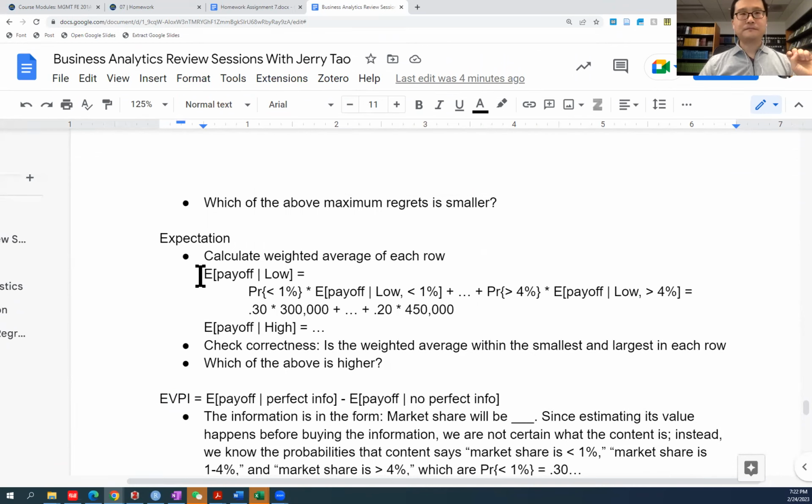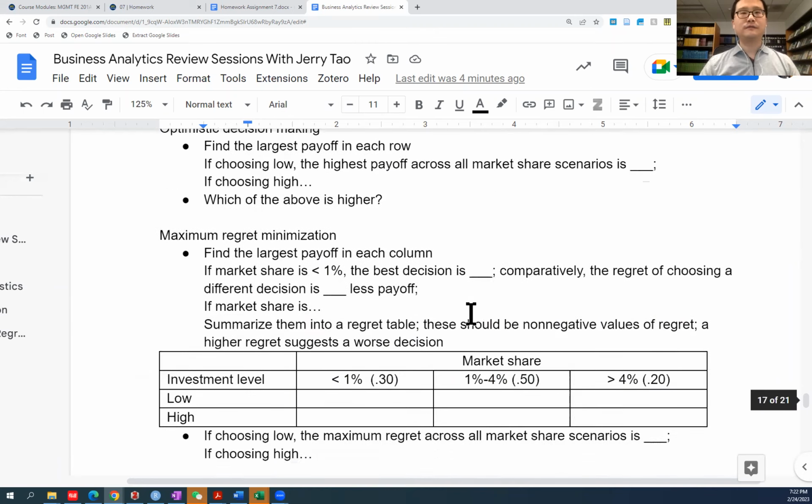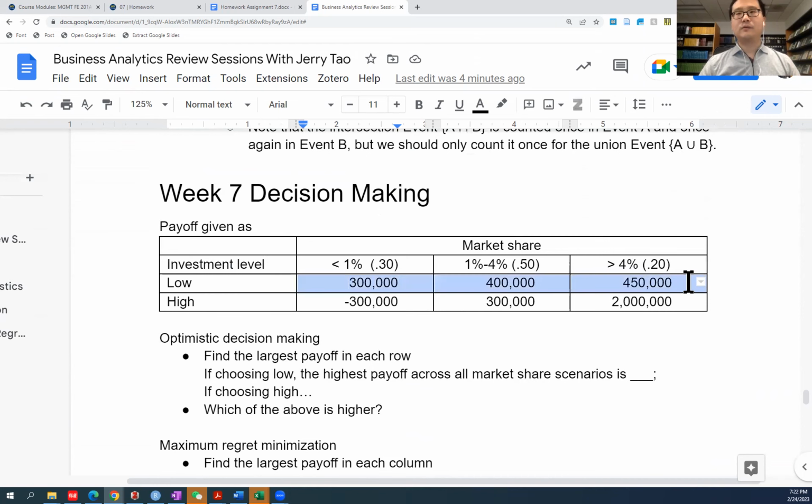For example, you mentioned that if we invested low, then the expected payoff is of course the row-wise weighted average, right? If this is low, then we just use the given probability as the weights to weight these 3 payoffs, and enter this on this row.